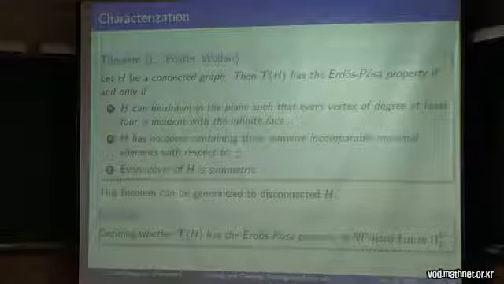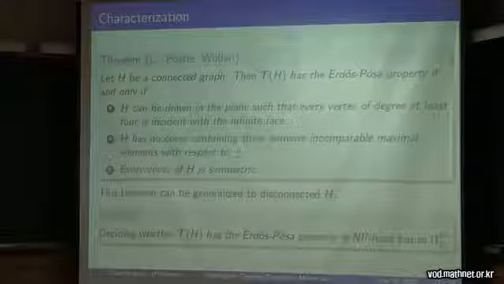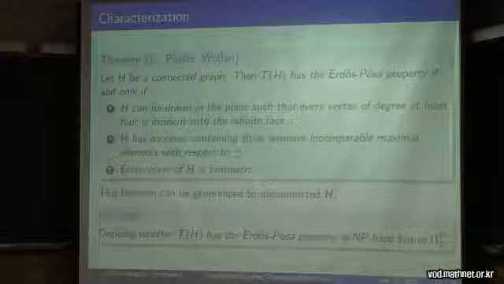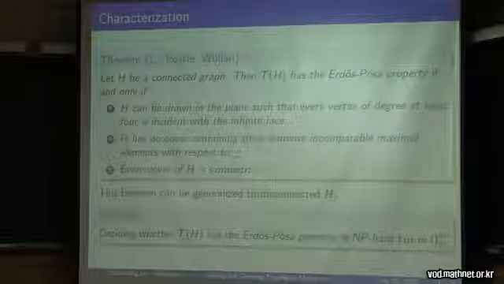But by using this theorem, I can further prove that actually this characterization should be less complicated, because we can prove that if you give me a graph H, deciding whether T of H has the error disclosure property is NP-hard. So if I can have a very clean characterization, it means probably I can solve NP equals P easily. Okay, so it's unexpected to have an easy characterization.